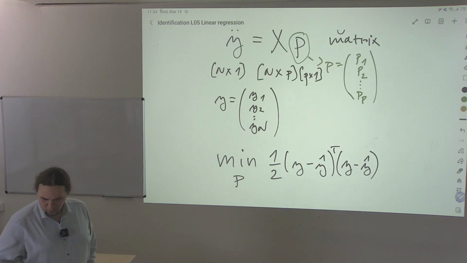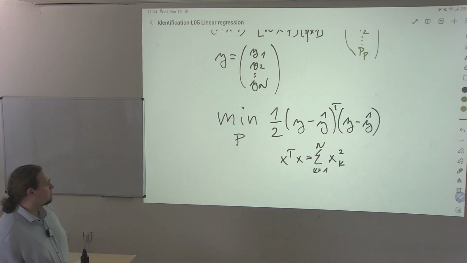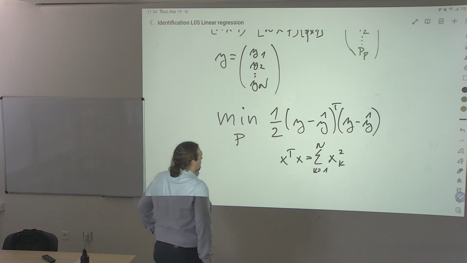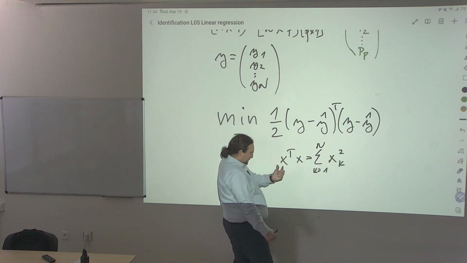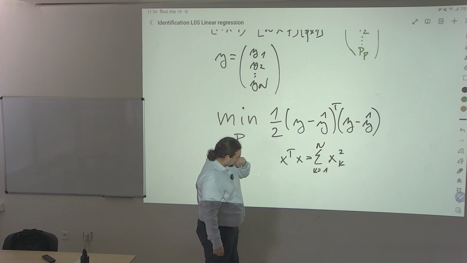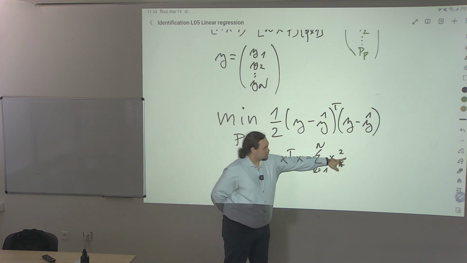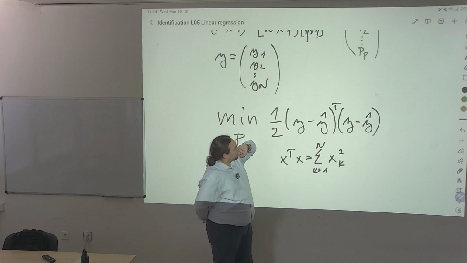What will we get? If we had x transpose times x, well, this was equal to the sum of xk squared. From the first vector it takes one xk, from the second vector it takes the second xk, so we get a square. Same will go on here.